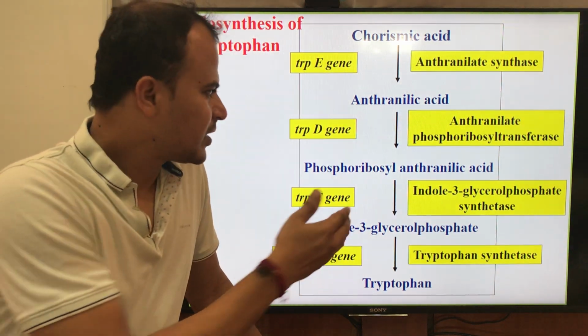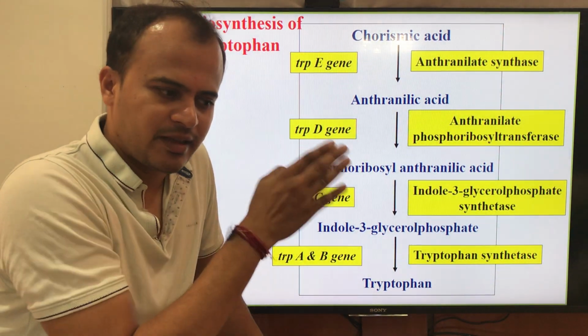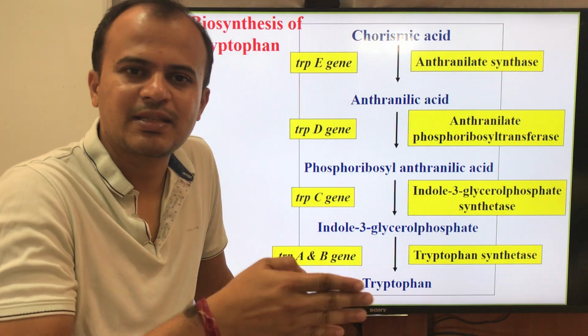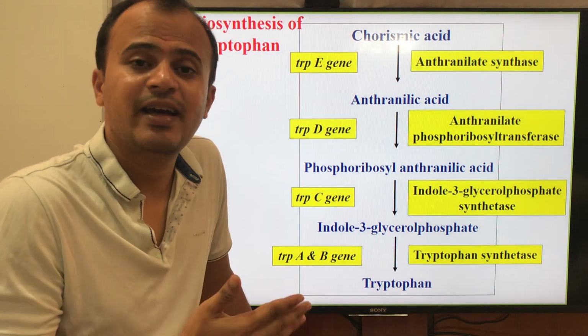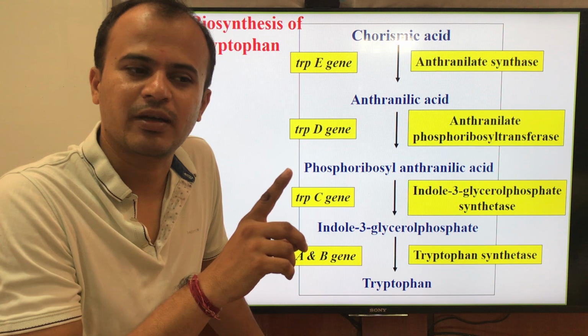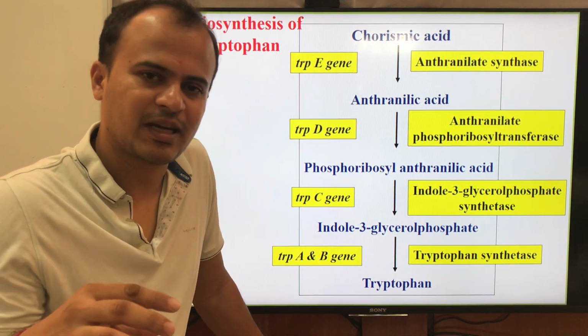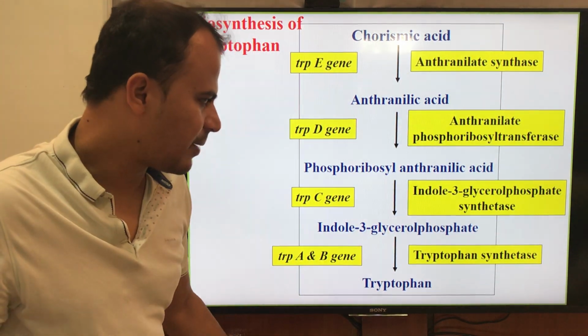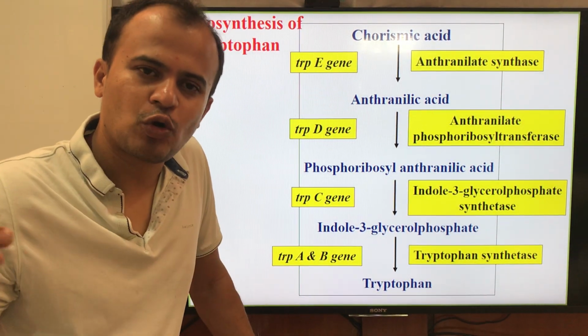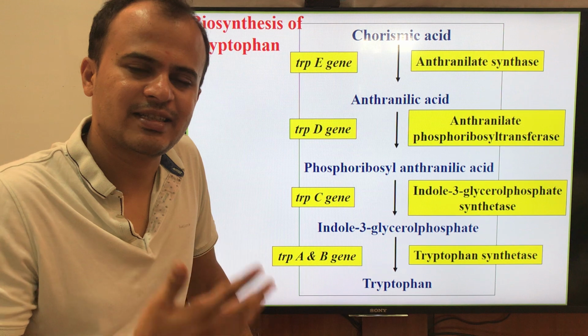So basically there are 5 genes, present one after the other, and they are under the control of a single promoter. When these 5 genes undergo transcription, it produces the mRNA that codes for 4 different enzymes.